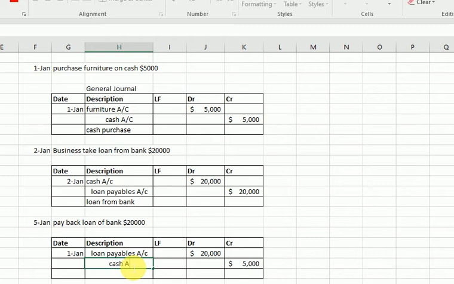So cash account is decreased by $20,000, and I recorded it on the credit side. So paid liability, paid bank loan. Clear or not clear?